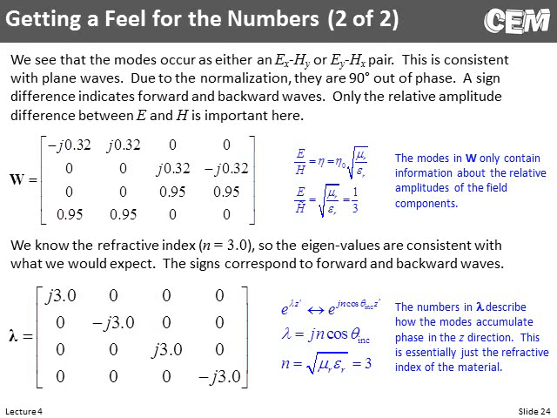And I can't go backwards in here, but I'll refer you back to slide 14 on page 7. And you can see that's how we order them, Ex, Ey, Hx, Hy. So those 4 numbers in the column represent the amplitudes of those 4 components.